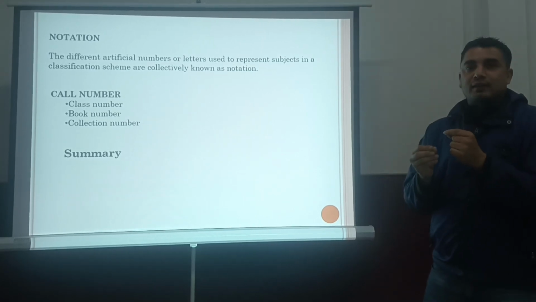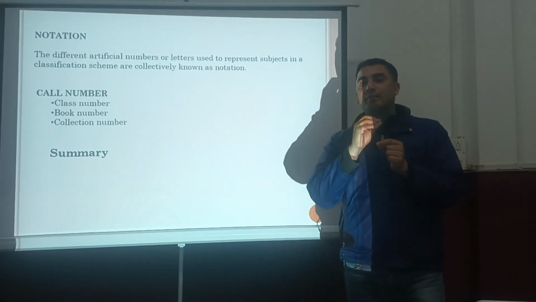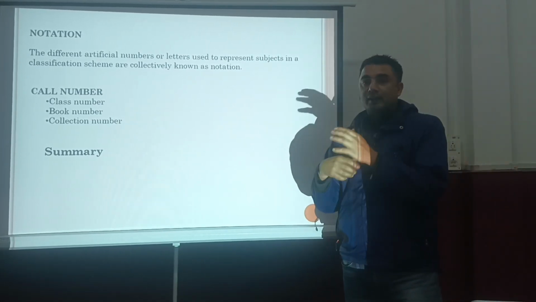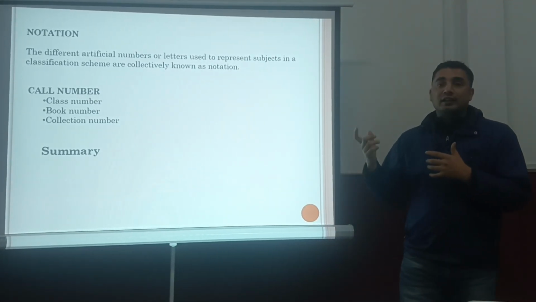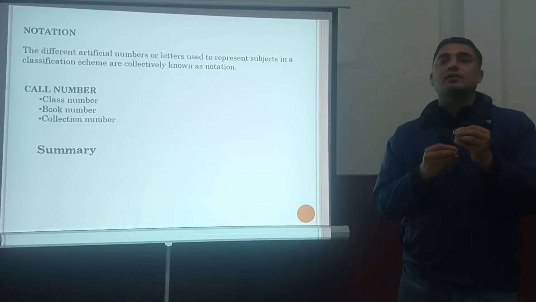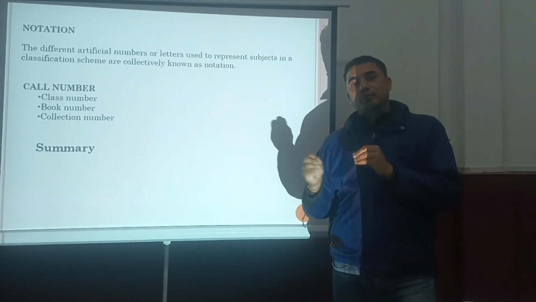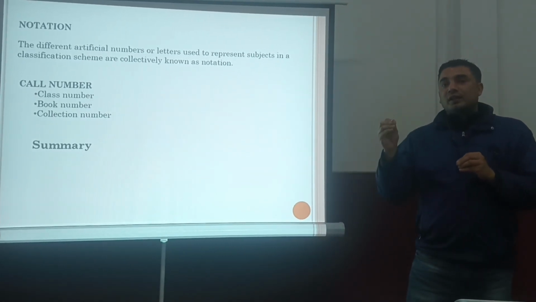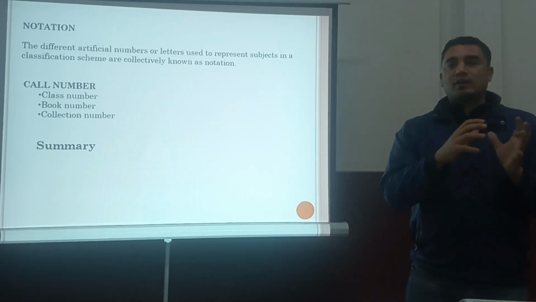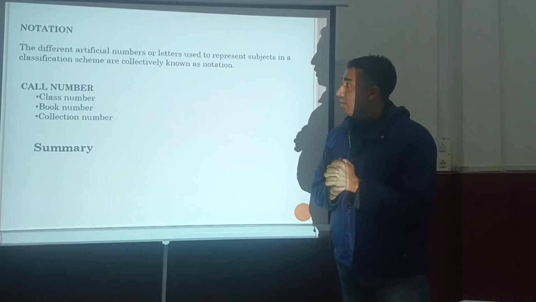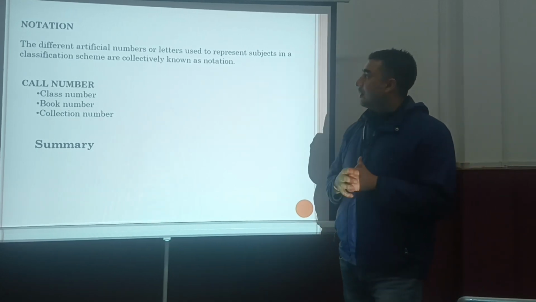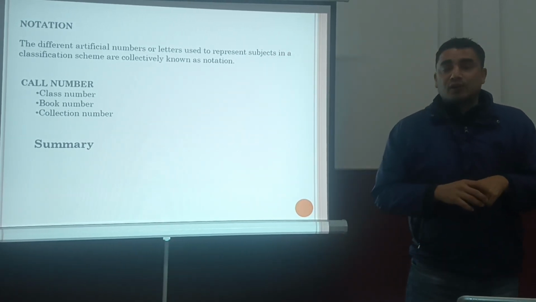Whenever we write that call number as a number or sometimes a word, that is called notation, like when learning guitar we used to have a notation. Similarly, some kind of symbol or character we assign to the book is called notation. When that notation is according to the subject or a particular system or classification scheme, that is also called a call number, but a call number involves many other things. I will tell you later, so first we will understand notation.